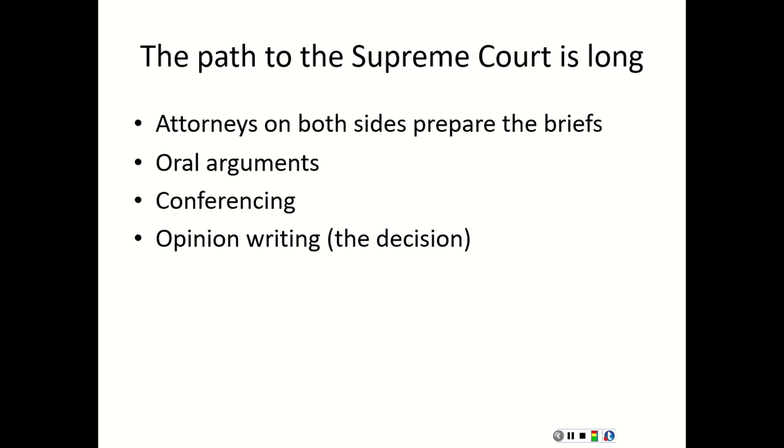Now, understand, the numbers on the majority side can vary: 5-4, 6-3, 7-2, 8-1, 9-0. But per case, only one of those numbers is going to be in effect. Only one majority decision. This case was either decided 7-2 or it was decided 6-3. It was not decided both ways.